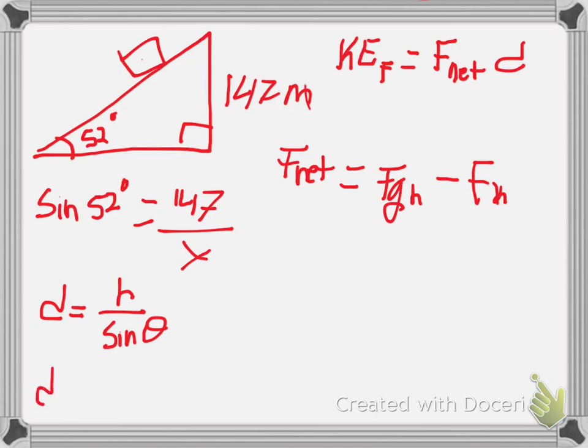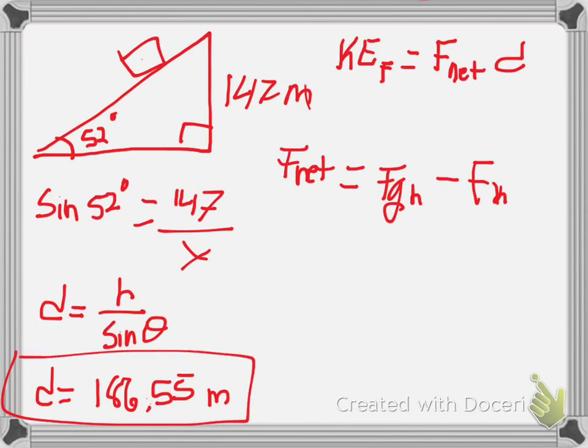Displacement comes out to 186.555, something like that, in meters. We'll keep that number for later when we need it in our grand scheme of things. And we're going to work on solving for the net force.